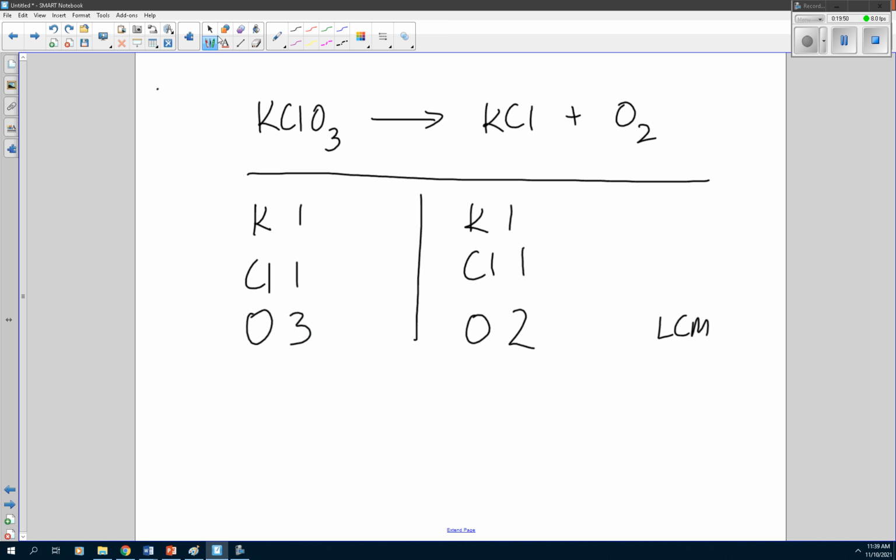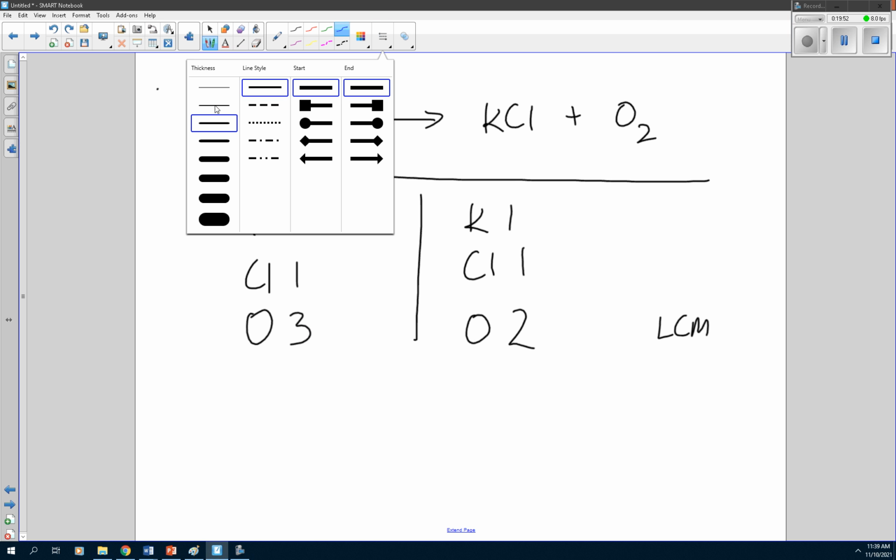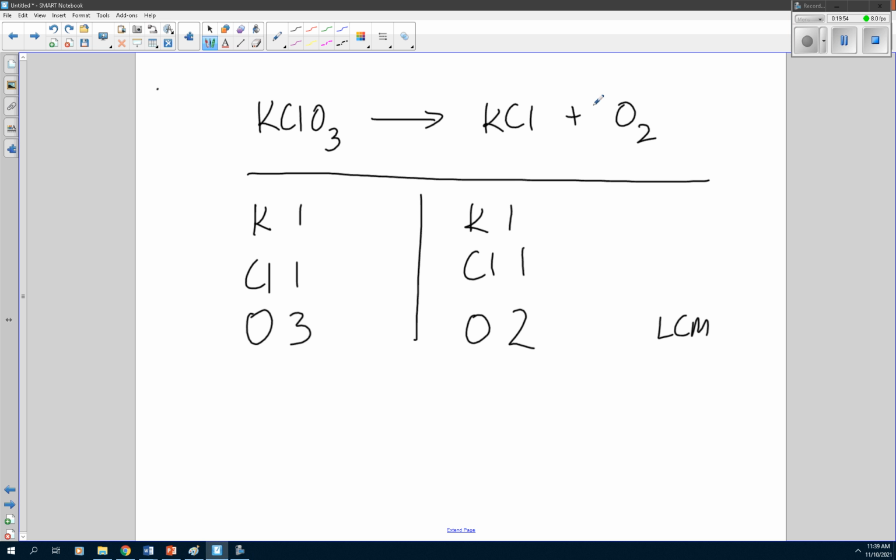I can do that by having three oxygen molecules, that's the same as having 3 times 2, or 6 oxygen atoms. And to get 6 oxygen atoms in potassium chlorate, I'd really need 2 of them. I'd need 2 molecules of potassium chlorate. 2 times 3 gets me 6 oxygen atoms.